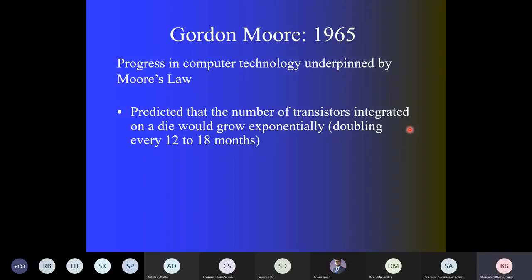This is an empirical law. He predicted that the number of transistors integrated on a die or on a chip would grow exponentially, that means would double every 12 to 18 months, and that reflects this acceleration of technology.